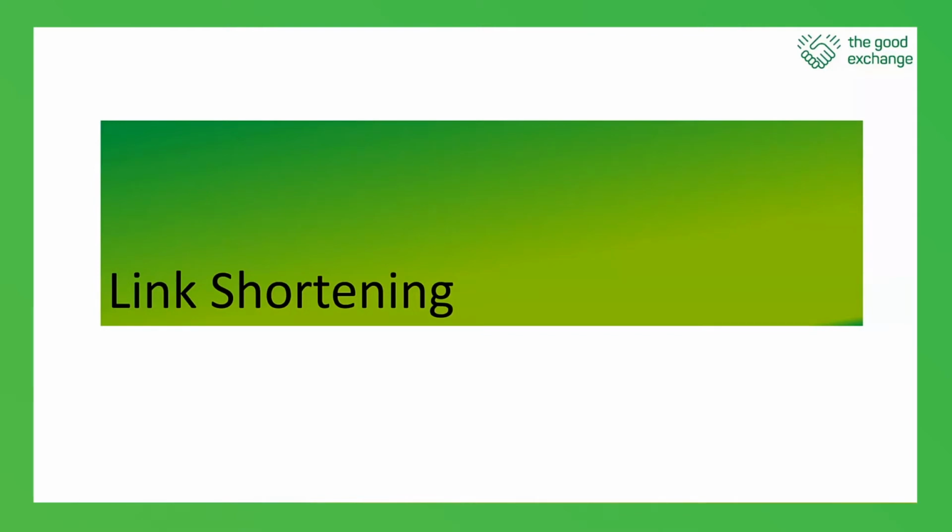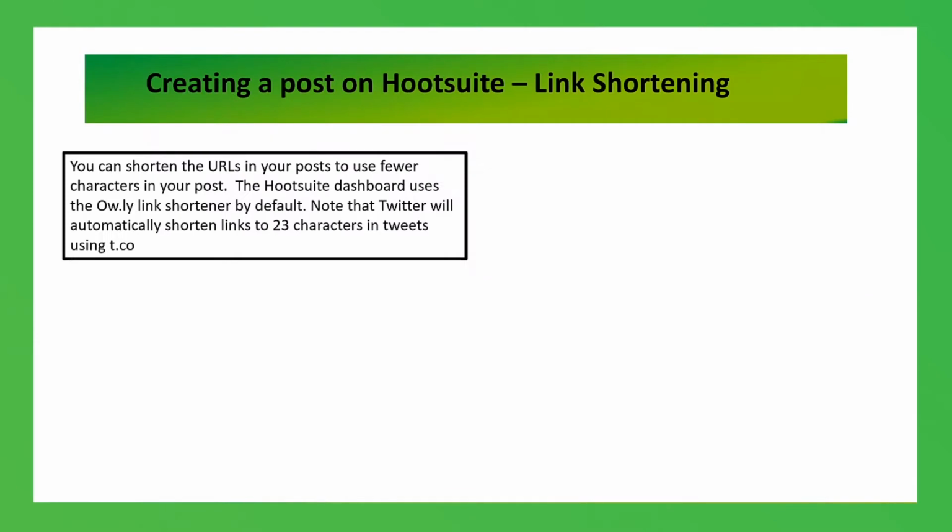So in other webinars that we've run, we've had questions and talked about link shortening. The thing about social networks now is most of them have their own way of shortening links, so you don't have to go to all the effort of doing the bit.lys on a separate website. You can shorten URLs in your post to use fewer characters, and Hootsuite will automatically do this for you by creating an OWLY.